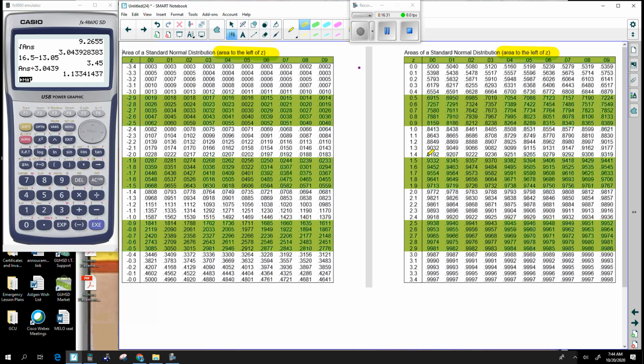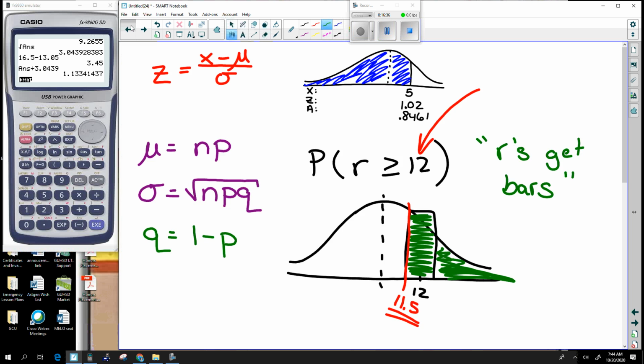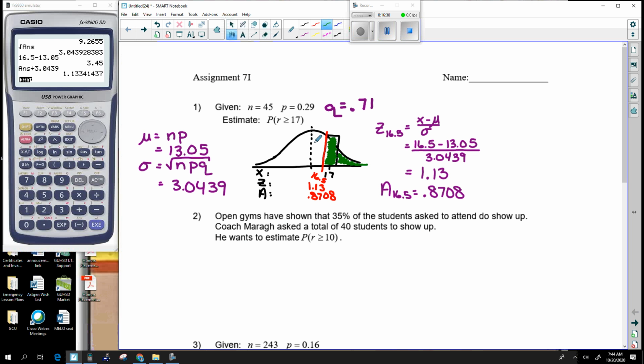No matter what I look up, this always gives you the area to the left. So if I go back to my picture, I don't want the area to the left. That's exactly what I don't want. So this area of 8708 is what I don't want. So this is an incorrect answer. This gave me all the area to the left.